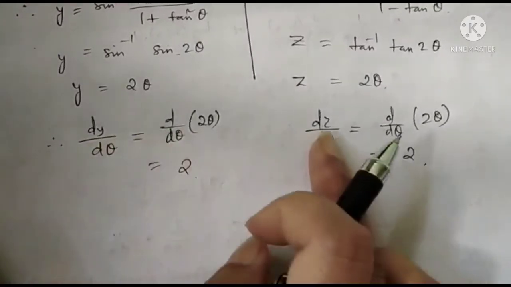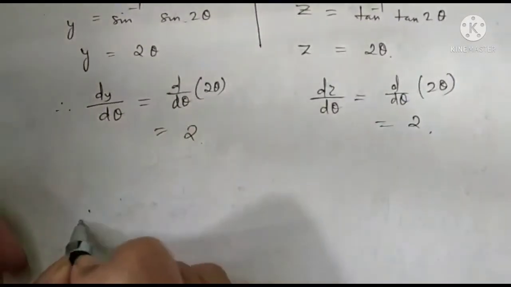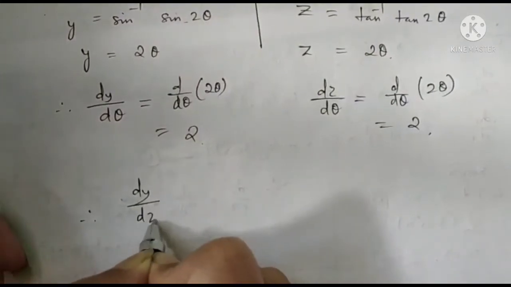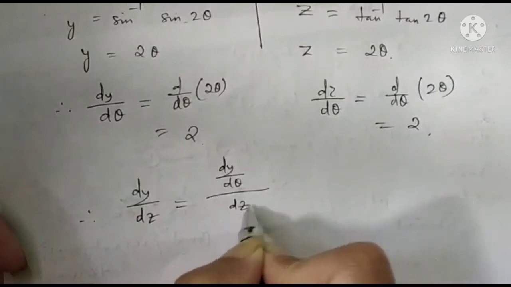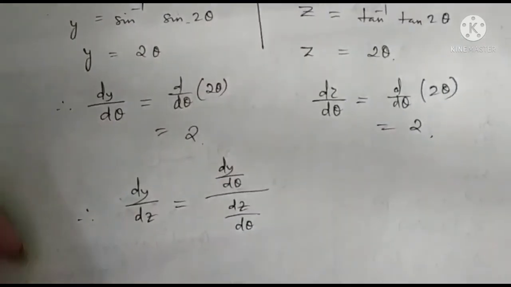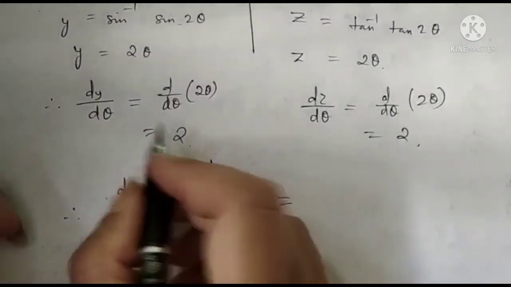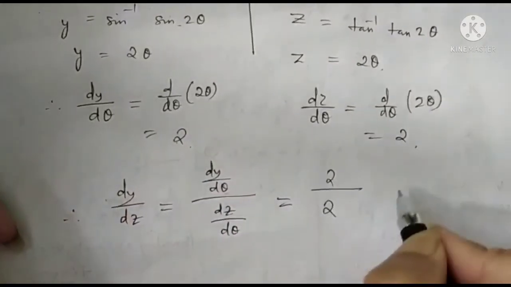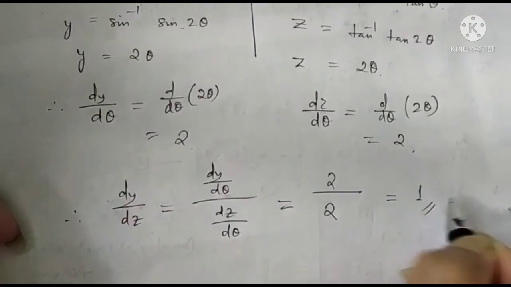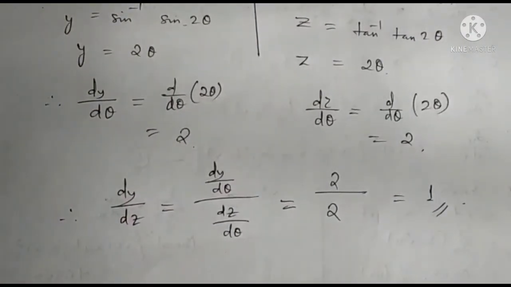Now, can I get dy by dz from here? Obviously, I can get. Therefore, dy by dz could be written as dy by d theta upon dz by d theta. Correct? So, since I have dy by d theta's value is 2 and dz by d theta's value is also 2, my answer is 1. So, my dy by dz is 1.